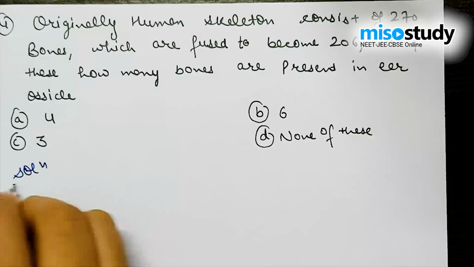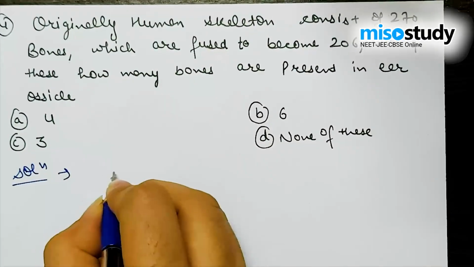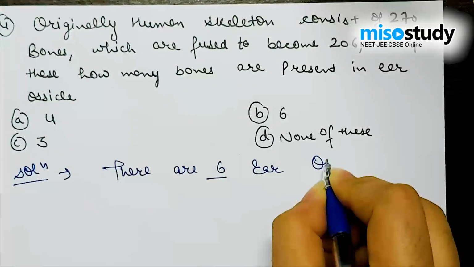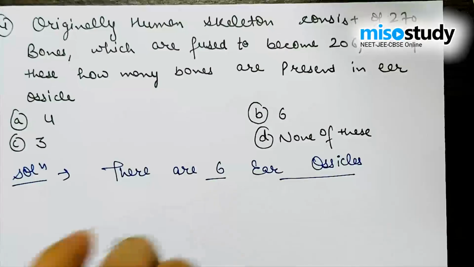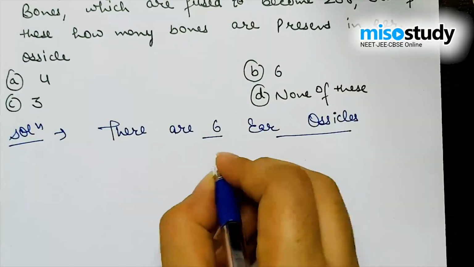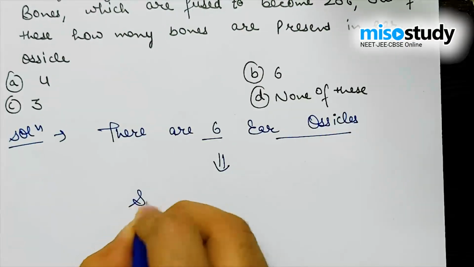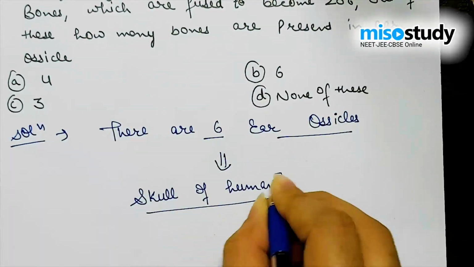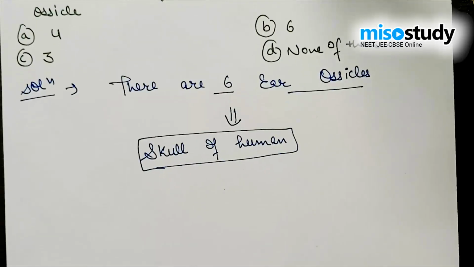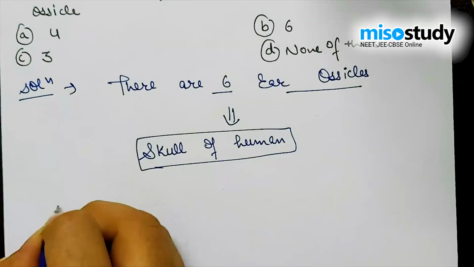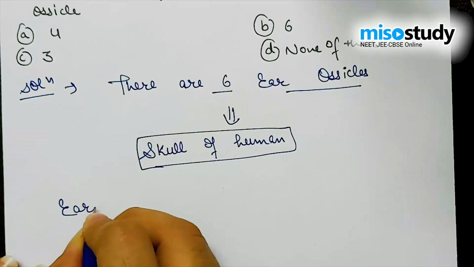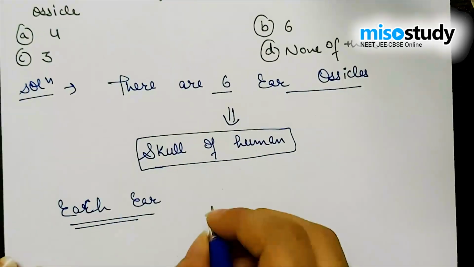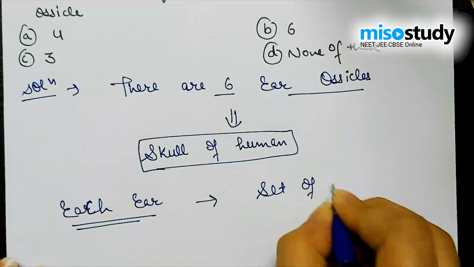To find the solution, we all know that there are 6 ear ossicles present in the skull of human beings. Out of 6, each ear has a set of 3.